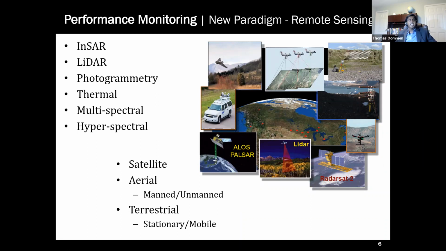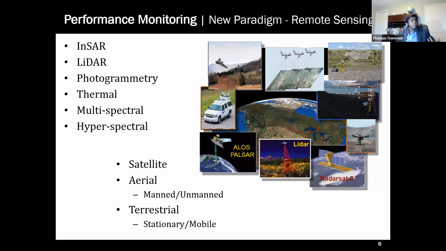Traditionally, remote sensing is done using the electromagnetic radiations, and there are several different remote sensing techniques. InSAR, which is called interferometric synthetic aperture radar, LiDAR, light deflection and radiometry, photogrammetry, thermal imaging, multispectral imaging, hyperspectral imaging.